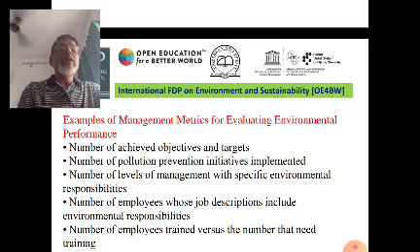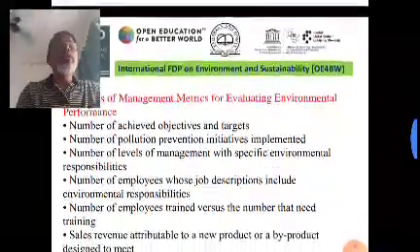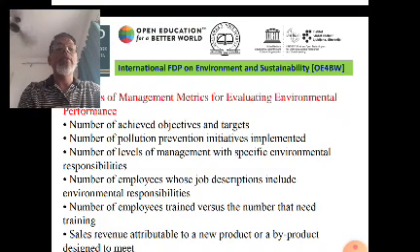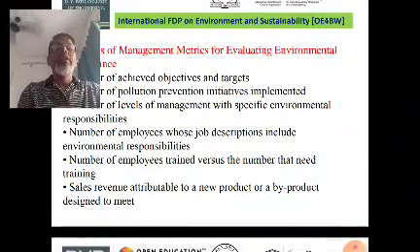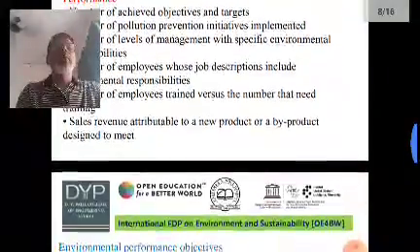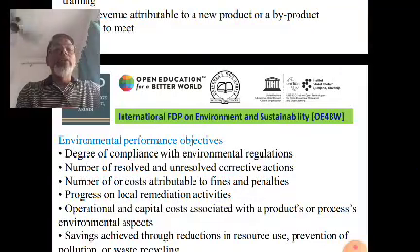Similarly, some examples of management metrics for evaluating environmental performance: number of achieved objectives and targets, number of pollution prevention initiatives implemented, number of levels of management with specific environmental responsibilities, number of employees whose job description includes environmental responsibility, number of employees trained versus the number that need training, and sales revenue attributed to a new product or by-product designed to meet environmental performance objectives.